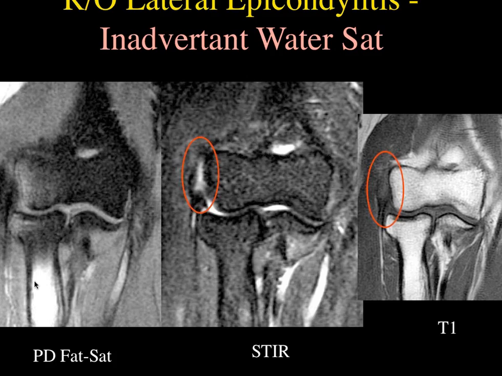That's just because with a large field of view image, you can get a lot of variation of the magnetic field, and you tend to get a lot of failure of fat suppression. When we go to the smaller field of view, we'll often do PD fat sat because you've got a more uniform field over a smaller area, and you tend to get a little bit better signal to noise. So there are some sequences where we do the PD fat sat for smaller field of view. That's the reason.